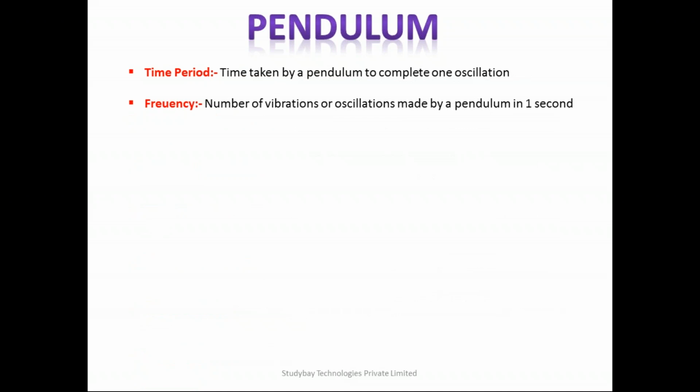And now further we have frequency. This is the number of oscillations made per second. One oscillation stands for one to and fro movement. Fine.